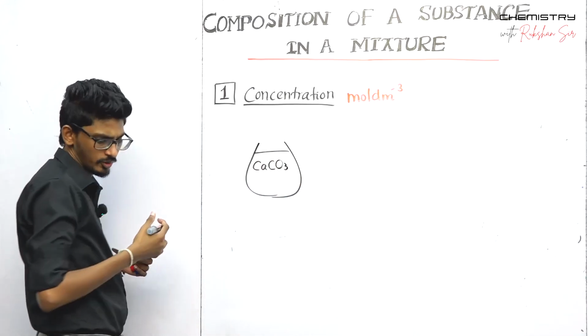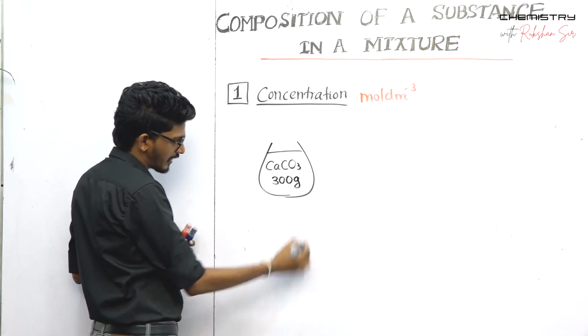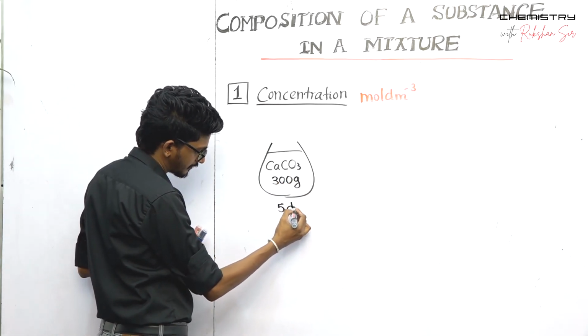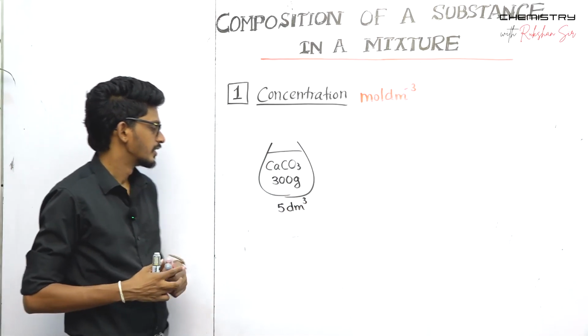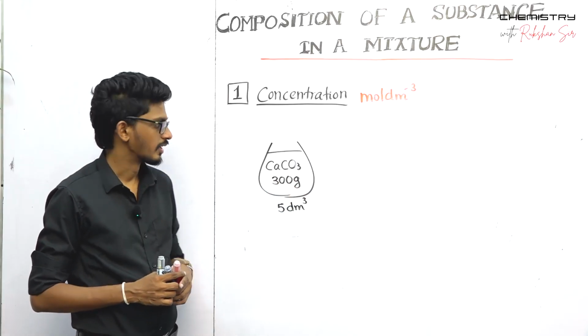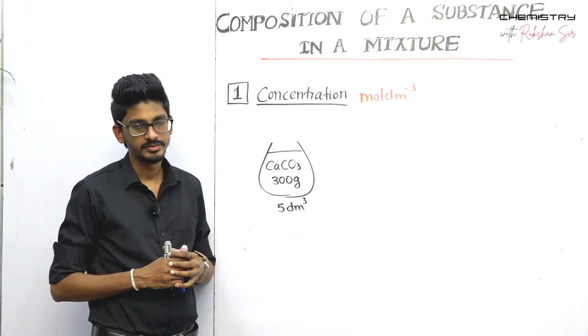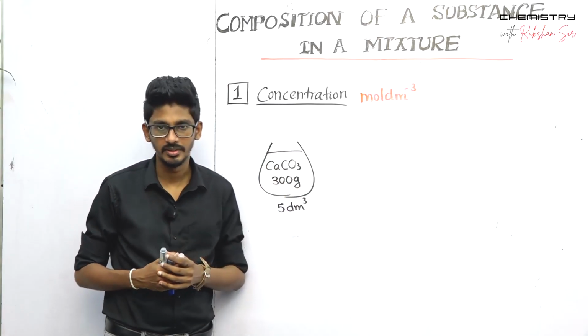In 5 decimeter cubes of solution, you have 300 grams of calcium carbonate. You are supposed to come up with the concentration of calcium carbonate.